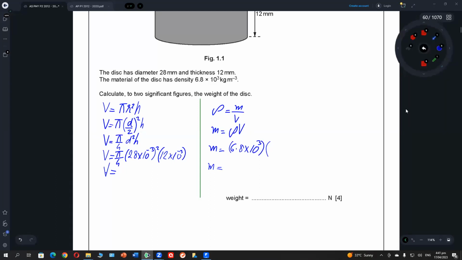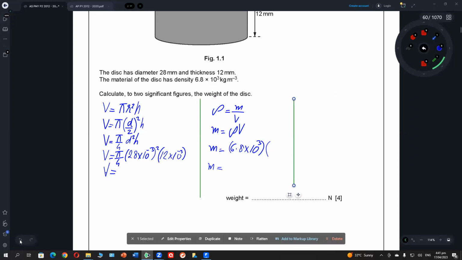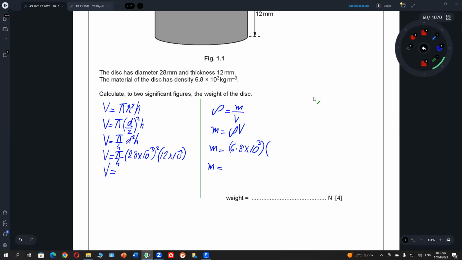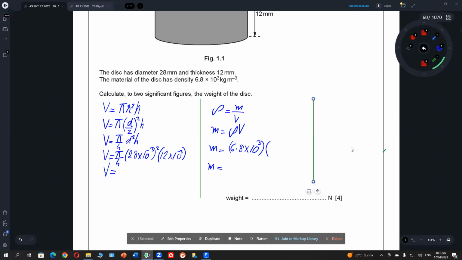Then we have found the mass. The mass is coming as 3.6 kg.